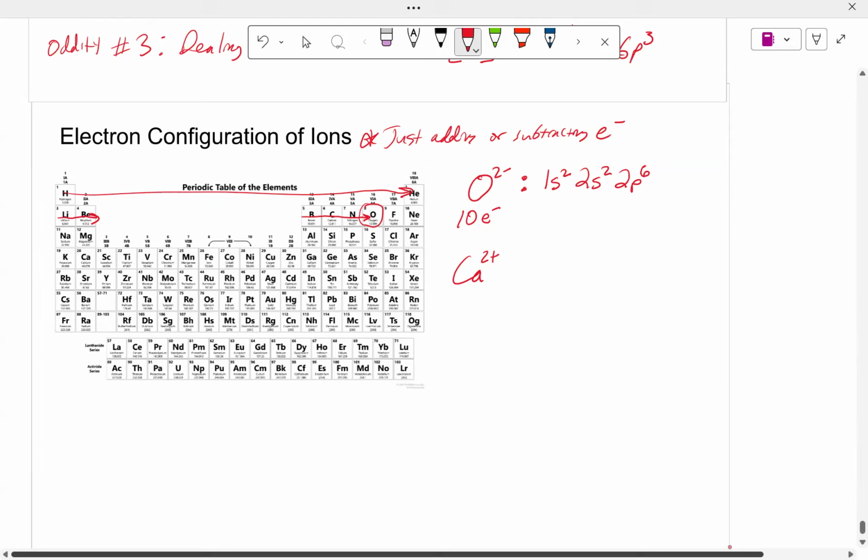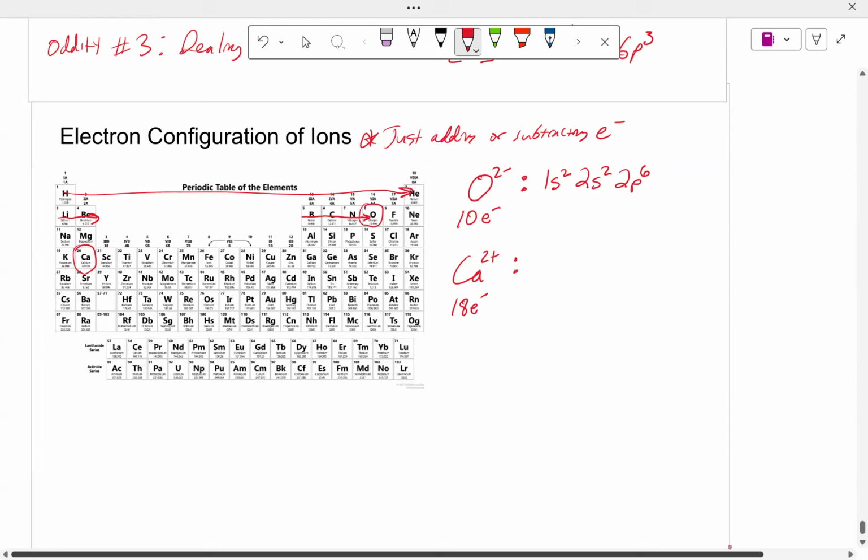So that calcium lost electrons. If calcium here, number 20, has 20 protons, it should have 20 electrons if it's neutral. But it lost 2, so it will only have 18 electrons.